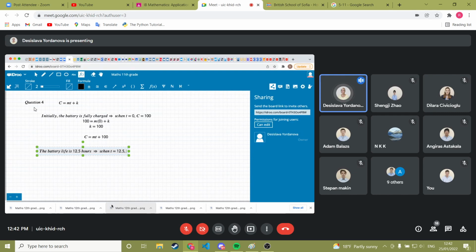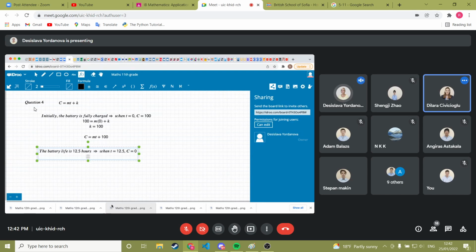What does it mean that the battery life is 12.5 hours? After 12.5 hours, what happens? The C becomes 0. C is 0.